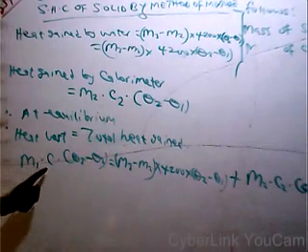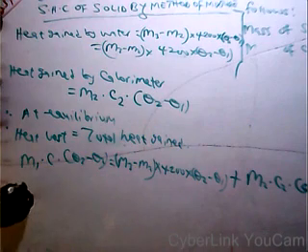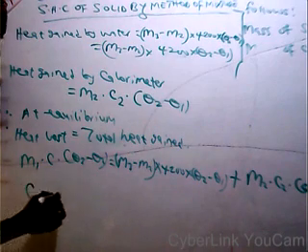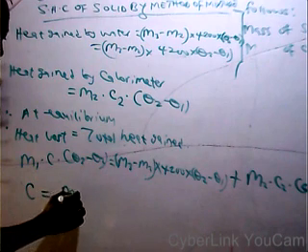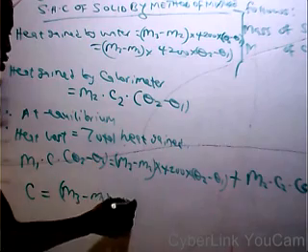Because we are looking for the specific capacity of the solid, I will make C the subject of the formula. Making C the subject, we have C equals the whole of this, M3 minus M2 times 4200.